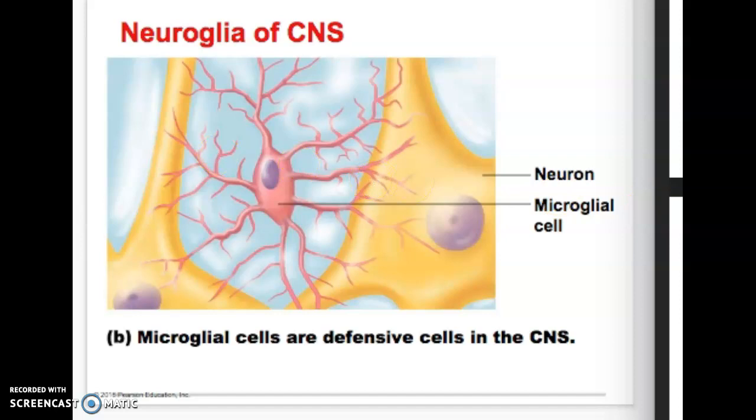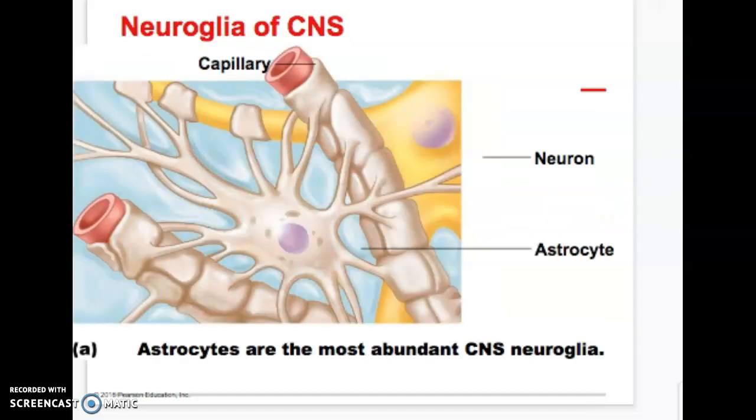Okay, and last but not least are the astrocytes. The astrocytes are the most abundant neuroglial cell in the central nervous system. From this picture, we can see that they have a supportive function of holding capillaries and neurons close to one another.